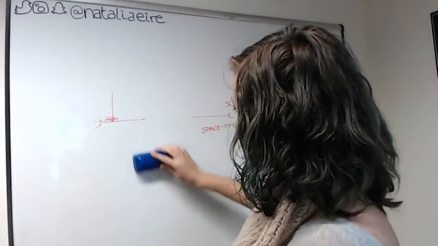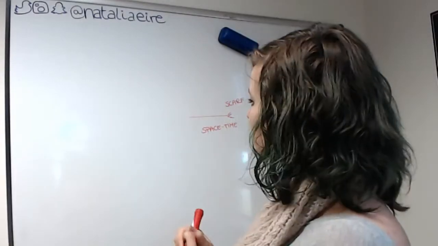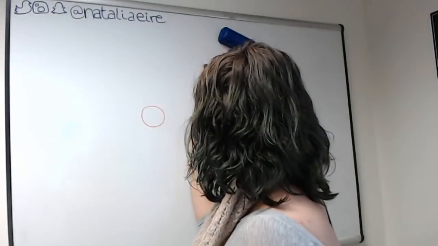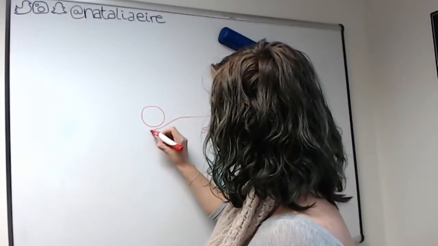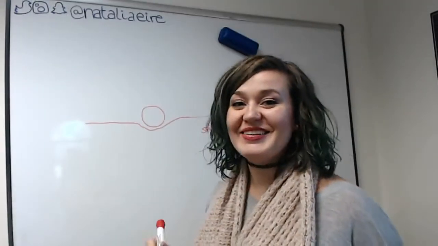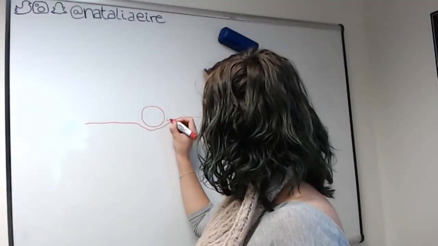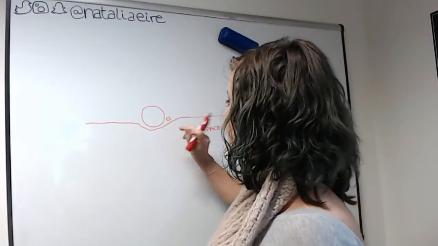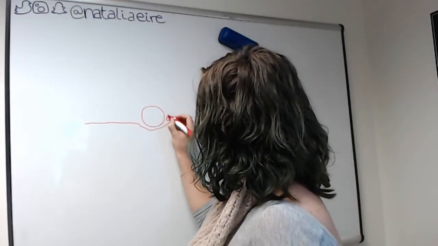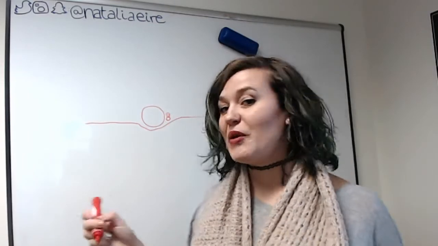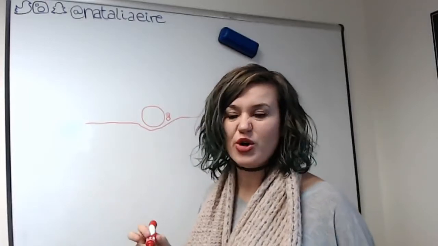Now, another important thing is something we call escape velocity. So let's have a ball over here again, and we have a curved space-time fabric over here. I'm sorry for that very non-straight line. But now let's have a tiny ball here, and in this case, let this be Earth and let this be an astronomer. It's a very exciting astronomer with a hat. Now this astronomer wants to leave Earth on a rocket.